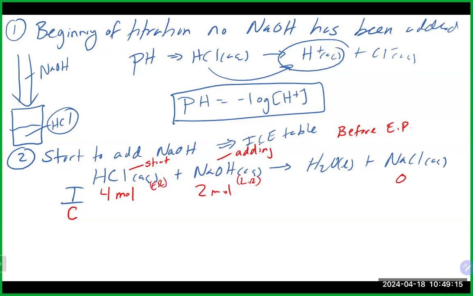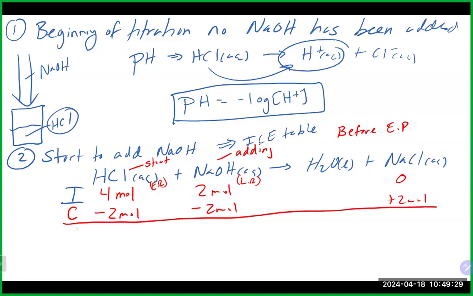So once again here, we actually know what the change is going to be. It's going to be the moles of our sodium hydroxide that we're adding. And that means that when we get to equilibrium here, we will have 2 moles of this guy, 0, and 2 moles of that guy. Any questions on the ice table here?